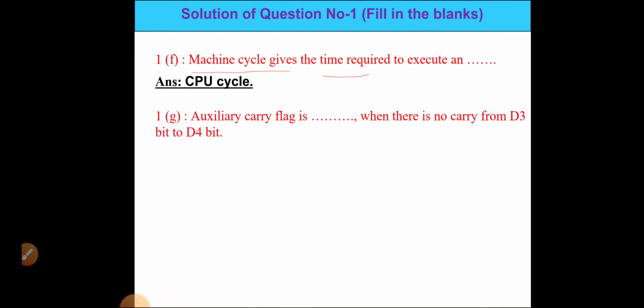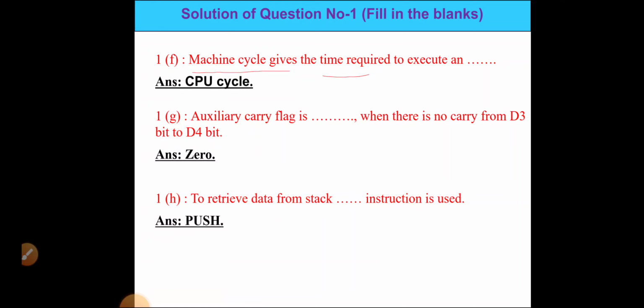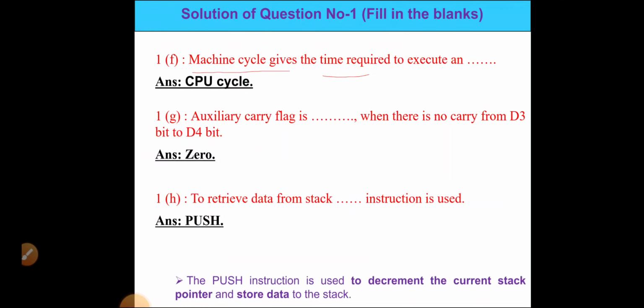Next question: auxiliary carry flag is dash when there is no carry from D3 to D4 bit. The auxiliary carry flag will be 0 when there is no carry from D3 to D4 bit. To retrieve data from the stack, the instruction used is pop.